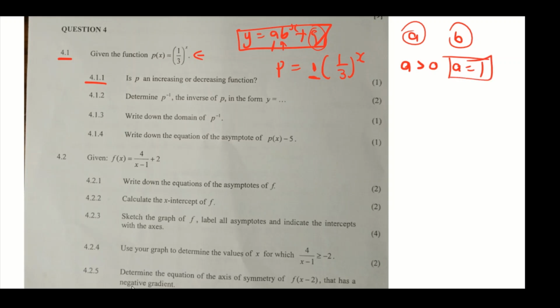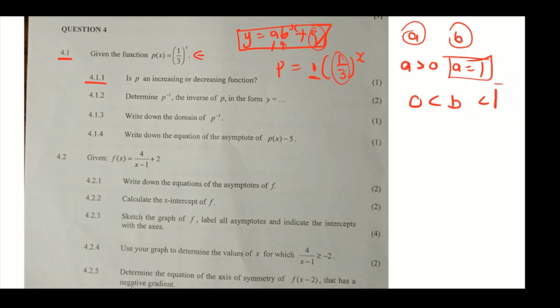And then b lies between 0 and 1. Let me just put it that way, not to confuse myself. So b lies between 0 and 1, hence we have 1 over 3, right?